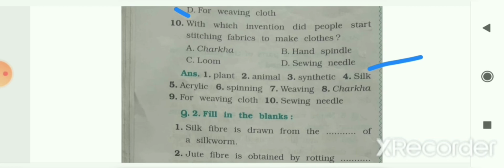The next question is fill in the blanks. In this first blank, silk fiber is drawn from the blank of a silkworm. So your answer is cocoon. Silk fiber is drawn from the cocoon of a silkworm. The next is jute fiber is obtained by rotting blank of a jute plant. So jute fiber is obtained by rotting stem of a jute plant. So stem is your answer.